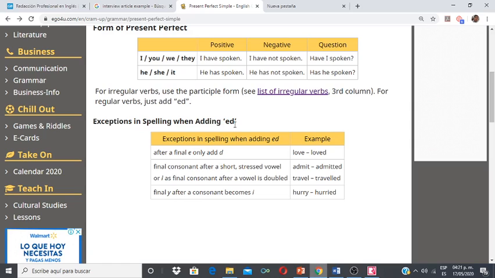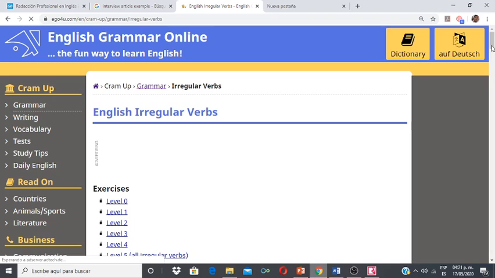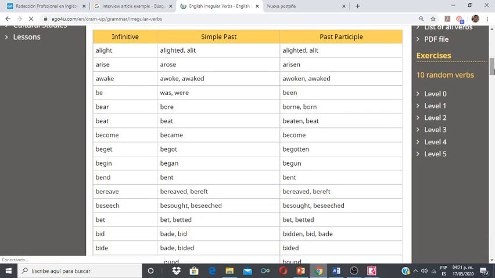The problem is when we deal with irregular verbs, because irregular verbs have their own form in the past participle. Some of them have a different form in the simple past and a different form in the past participle. Some of them are the same in the simple past and base form, but they are different in the past participle.